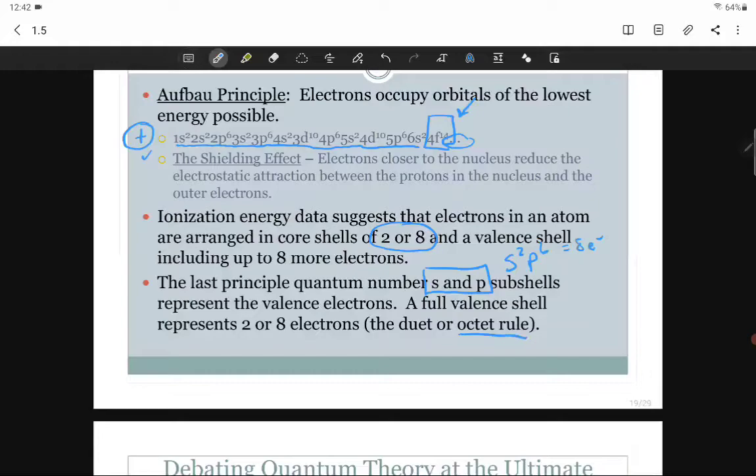And almost everything follows the octet rule. There are a couple that follow the duet rule, and they just have to get the 2. So helium, for example, is a noble gas. It satisfies the duet rule. It ends in 1s2, and we consider that to have a full valence shell.